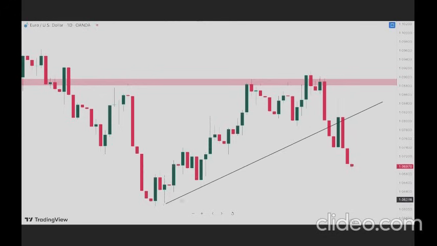So as you can see here, guys, this trend line connected 2 points, and the market managed to break it, came to test here one time, and then the market dropped.